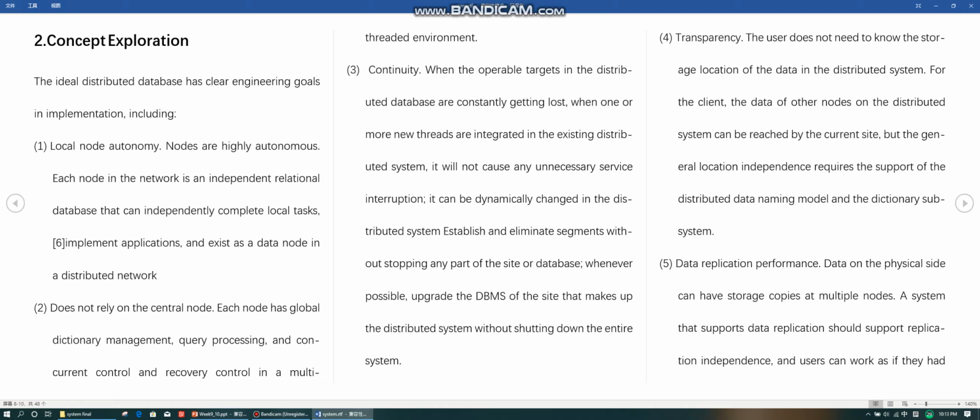Each node has global dictionary management, query processing, concurrency control, and recovery control in a multi-thread environment.